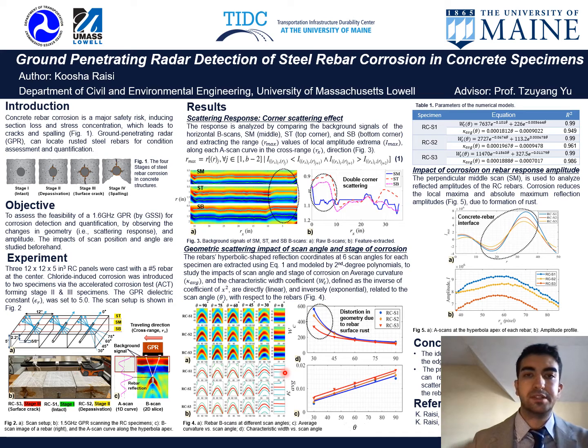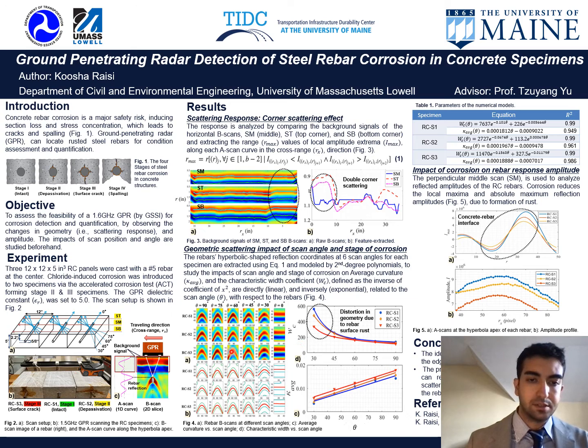So using a second order contour and equation 1, we modeled them, and we defined something called the characteristic width coefficient, which is the inverse of the first coefficient of x squared in our polynomial, which we modeled to our points.